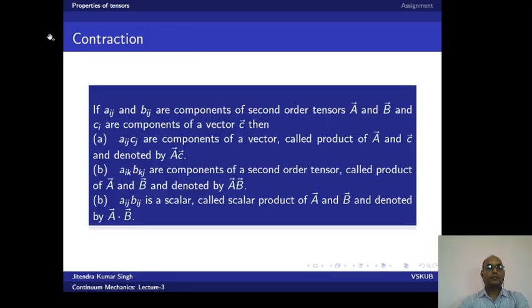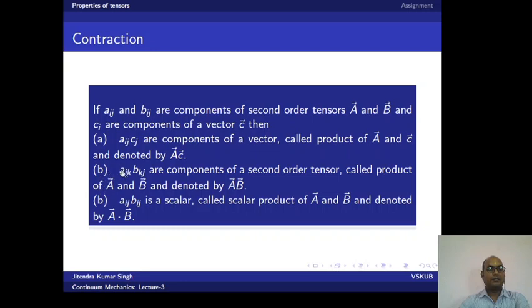Now the next property we are going to discuss is the contraction law. If Aij and Bij are components of second order tensors A and B, and Ci are the components of vector C, then Aij Cj are components of a vector called the product of A and C, and it is denoted by the symbol AC.